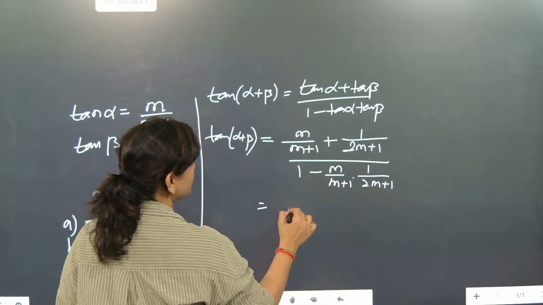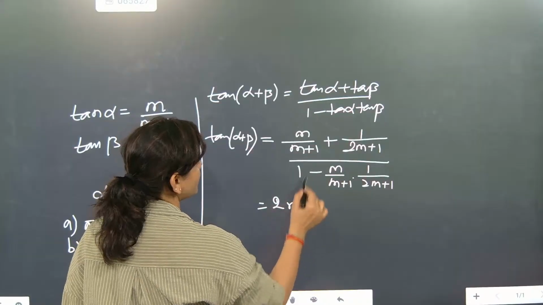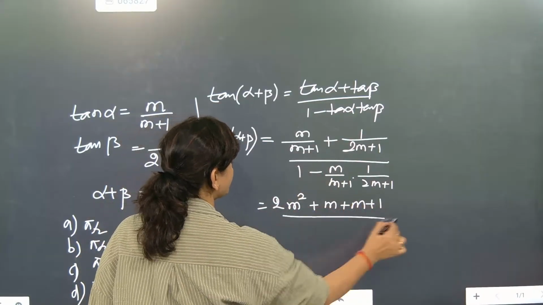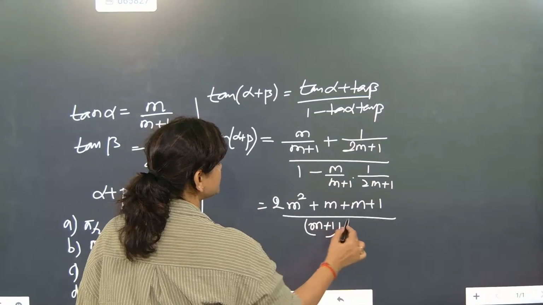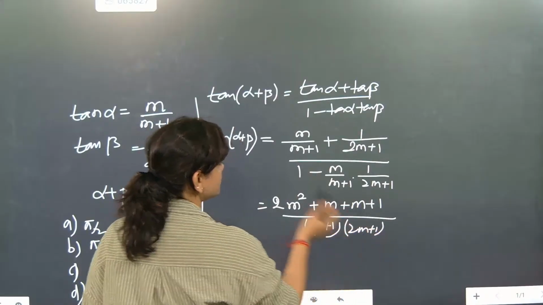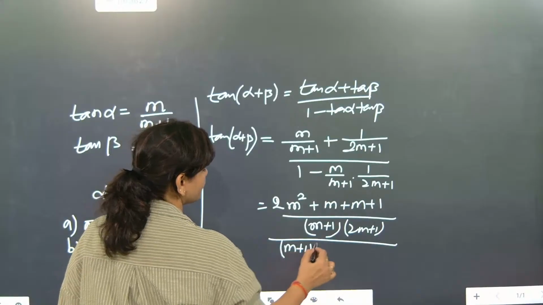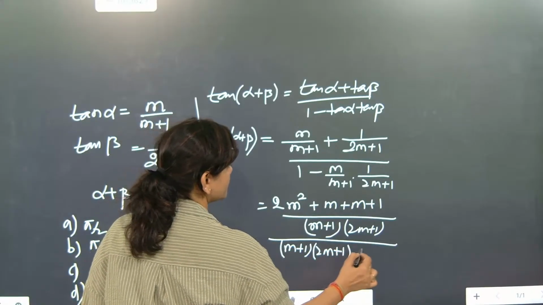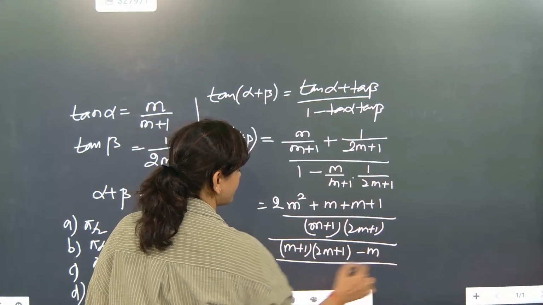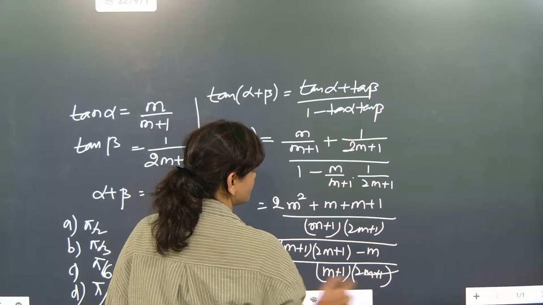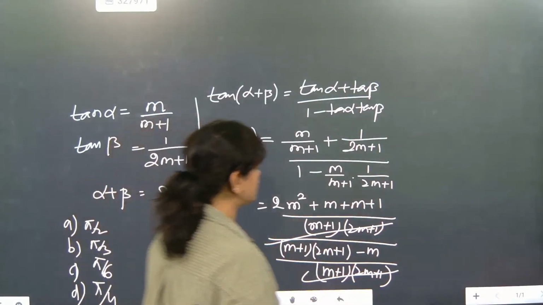So here cross multiply: 2m square plus m plus m plus 1 by (m plus 1)(2m plus 1). This one will multiply, it will become (m plus 1)(2m plus 1) minus m by (m plus 1)(2m plus 1). This and this will get cancelled.